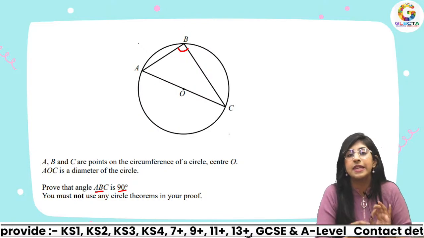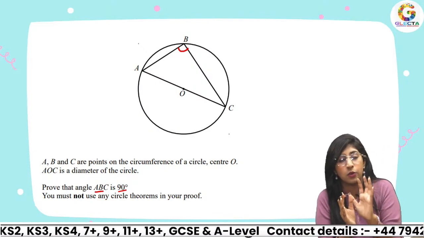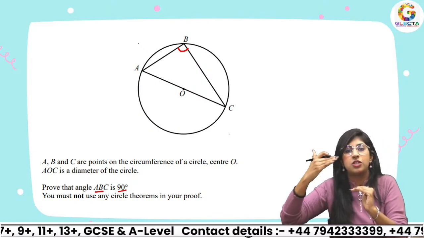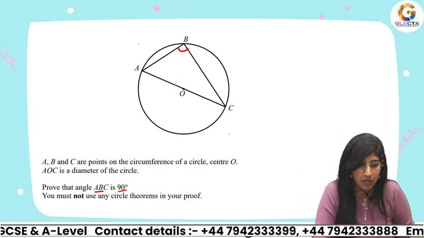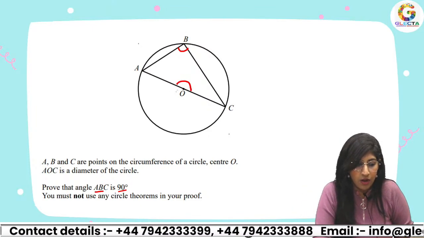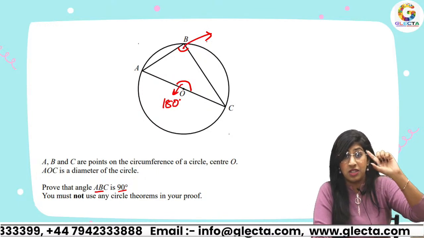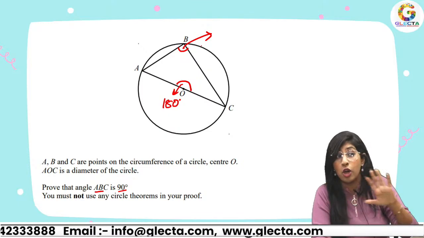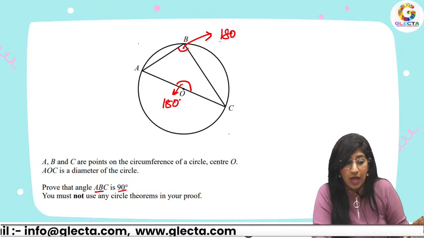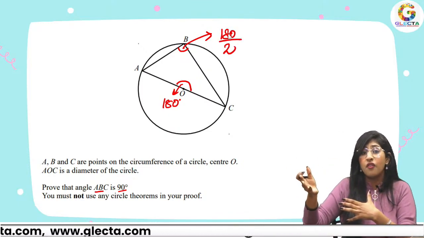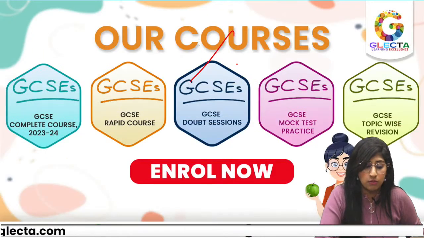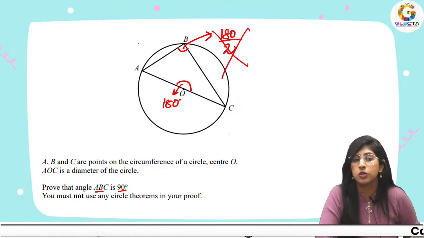Most of you would say, we just did that, angles in a semicircle are 90 degrees, so half of 180. But I cannot directly say that, so I'm not going to do this.